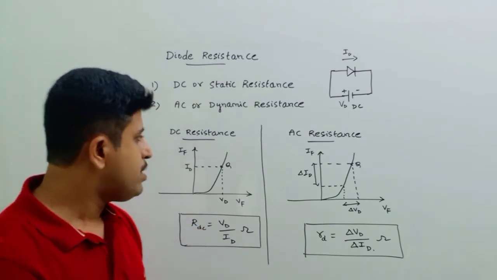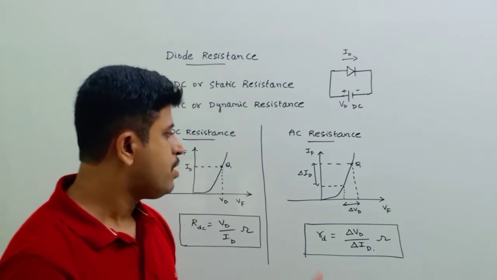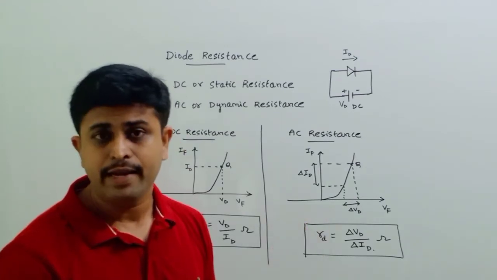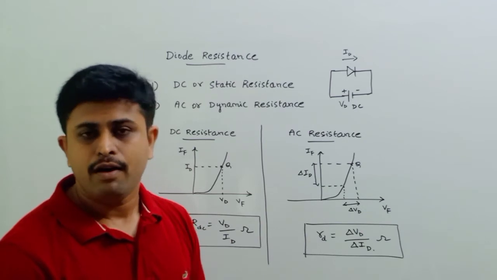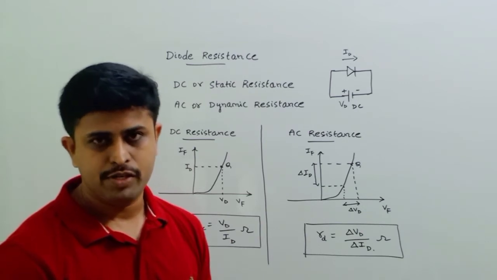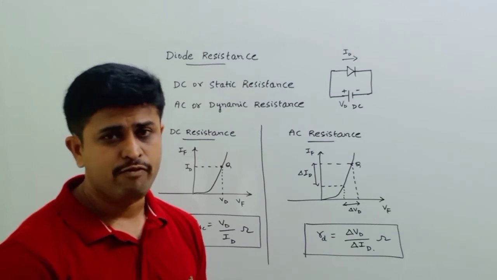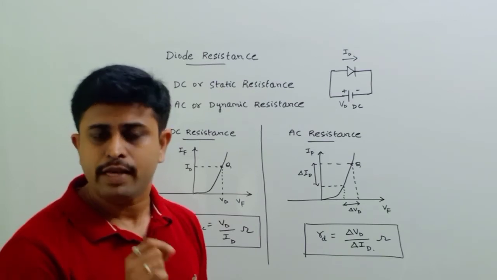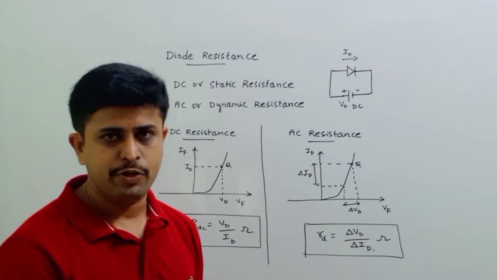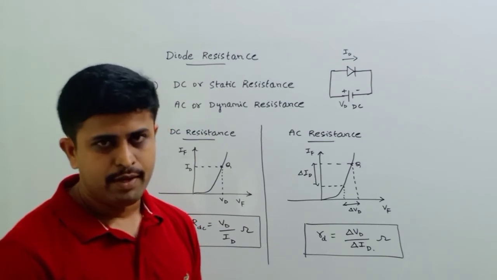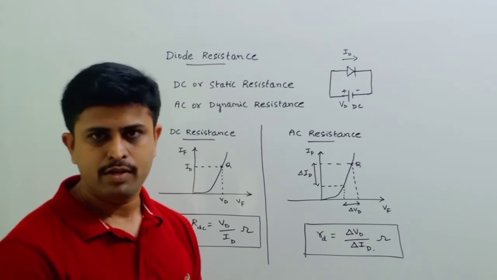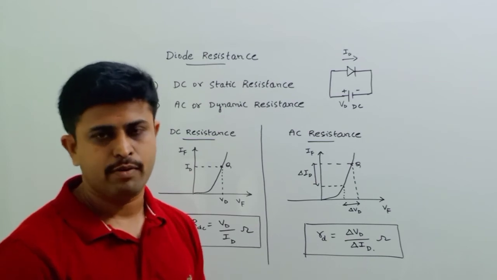Now coming to this AC resistance, as we all know, if I connect an AC supply, the alternating voltage or the alternating current is a function of time which changes its direction and magnitude with respect to time. That means the voltage is changing and the current is also changing.